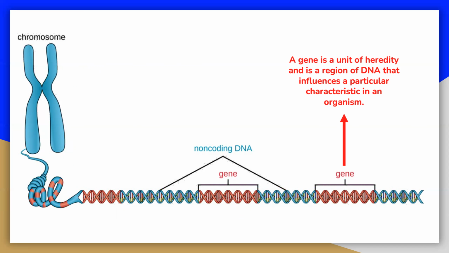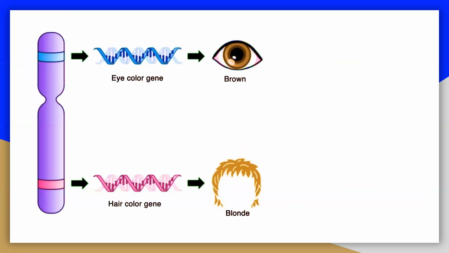As I mentioned earlier, most genes contain the information needed to make functional proteins. These proteins then determine our traits. The trait is a specific characteristic of an individual, for example, their hair color or their blood type. Traits are determined by genes.